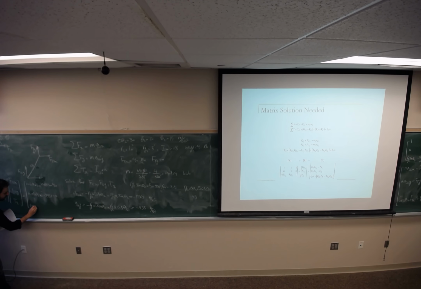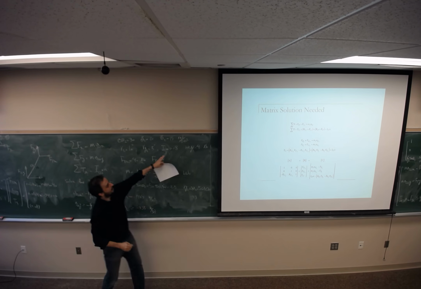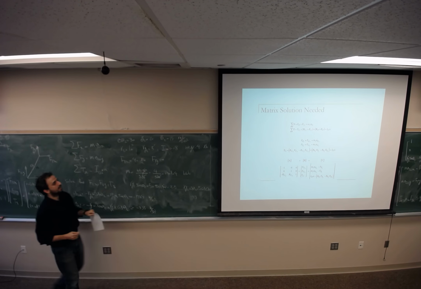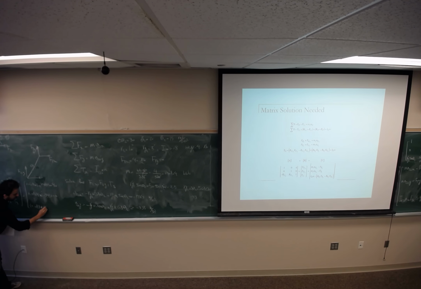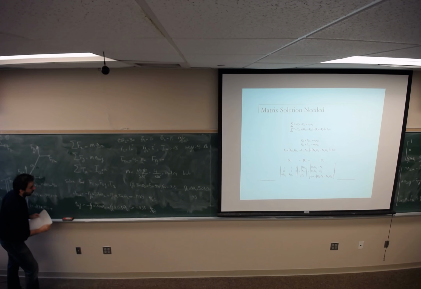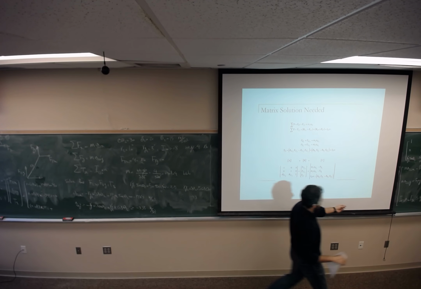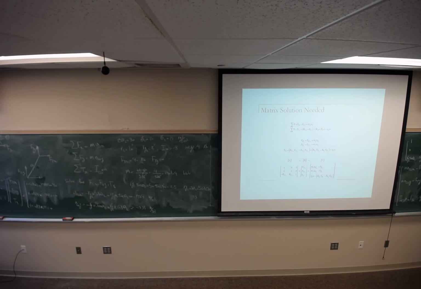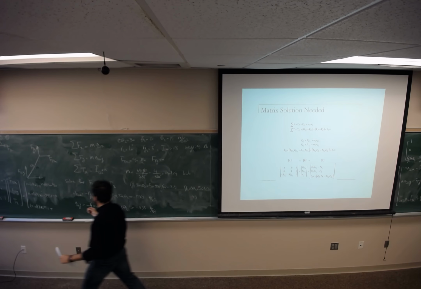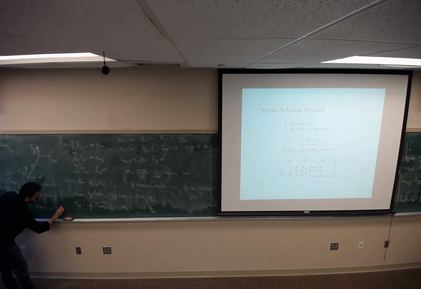I is 0.08, alpha is positive 15. We don't have any Fpy, so this term is gone. Fpx is 40, R2 is 10, RG2 is 5, 10 minus 5, 5, sine of 10. So I'm just plugging in 40 times 5 times sine of 10.